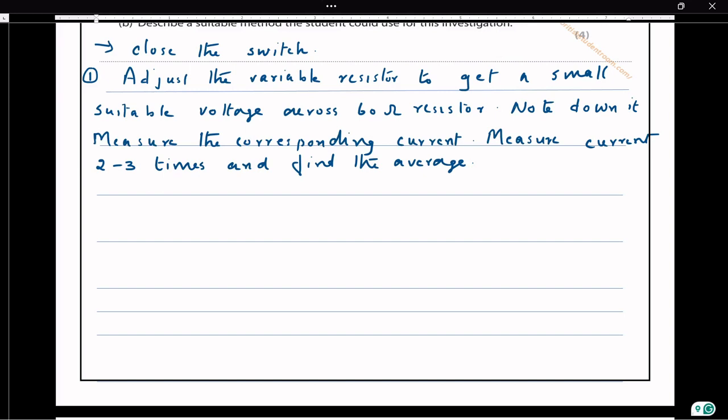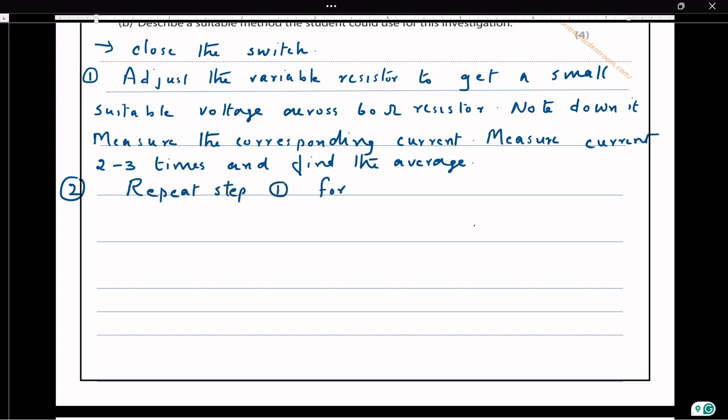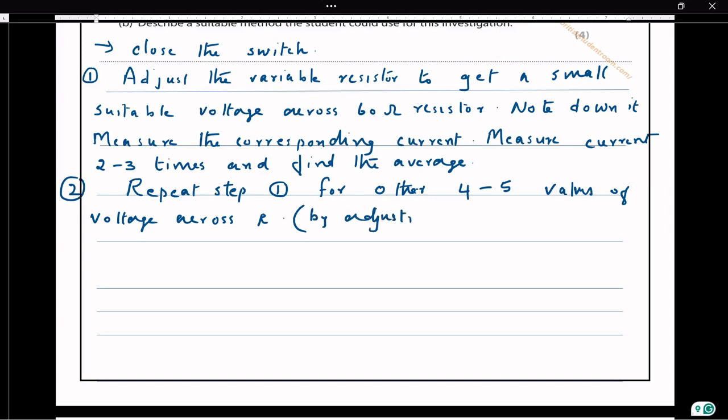This is step 1. Now as step 2 we can say: repeat step 1 for another 4 to 5 values of voltage across R. We can do this step by adjusting the size of the variable resistor.